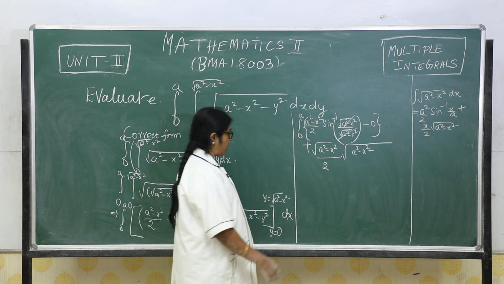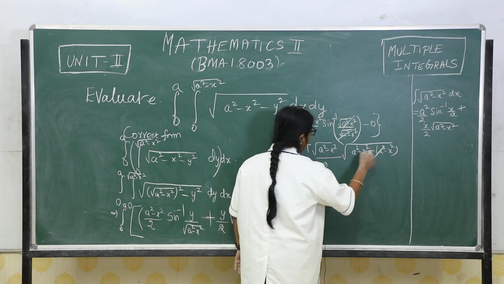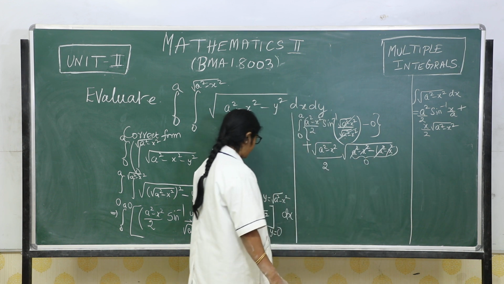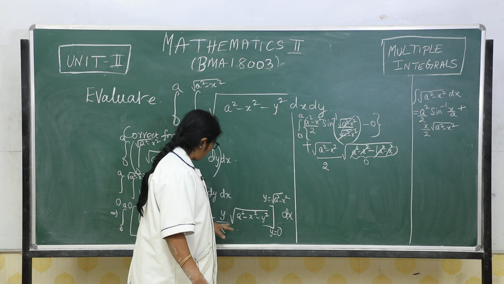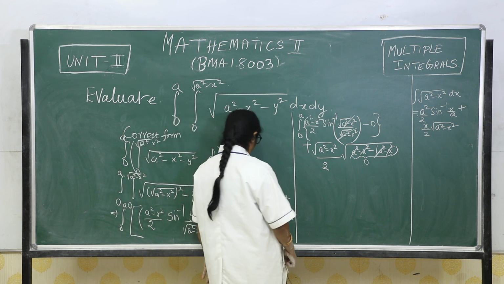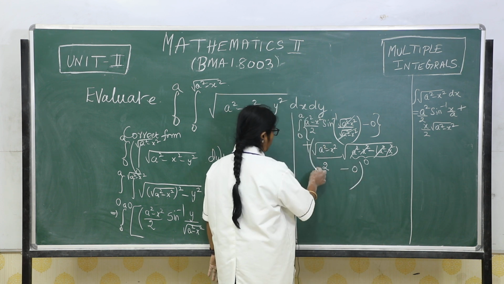Root of a squared minus x squared the whole squared, you get a squared minus x squared. This becomes nullified, and therefore this whole thing becomes 0. If you substitute the lower limit 0, 0 divided by 2 into root of a squared minus x squared minus 0, so the lower limit is also 0.